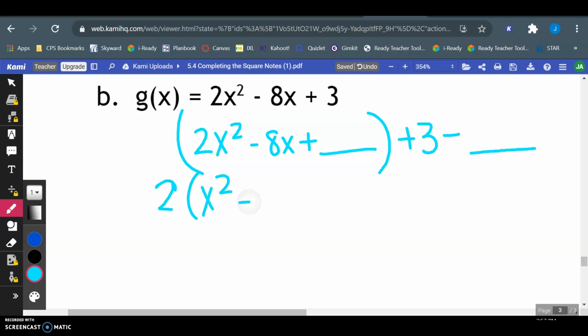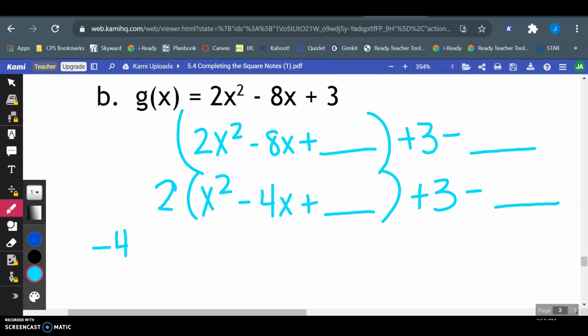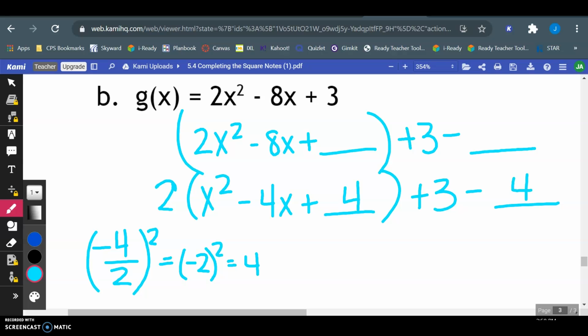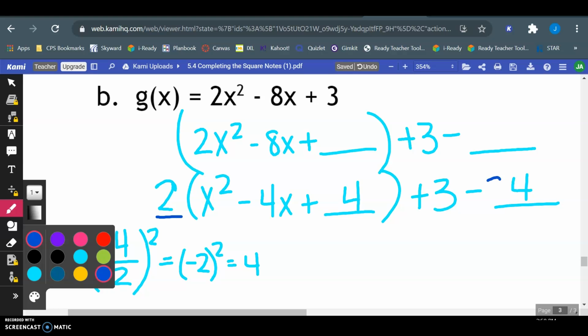So I have x squared minus 4x plus our square, and then we have plus 3 minus our square. Now we have to do b, which is negative 4 over 2 squared. So that would be negative 2 squared, which would be 4. So I'm going to add 4 here, and we're going to subtract 4 here. But since we're multiplying by 2 out here, we have to multiply by 2 here.